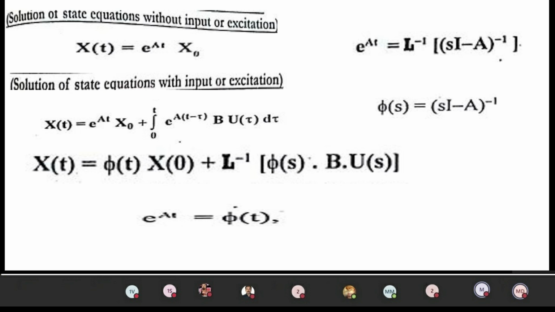Now we are going to write the concepts of controllability and observability. Under state variables, if it is possible to transfer the system state from any initial state to any other desired state, that is called controllability and observability of the system.